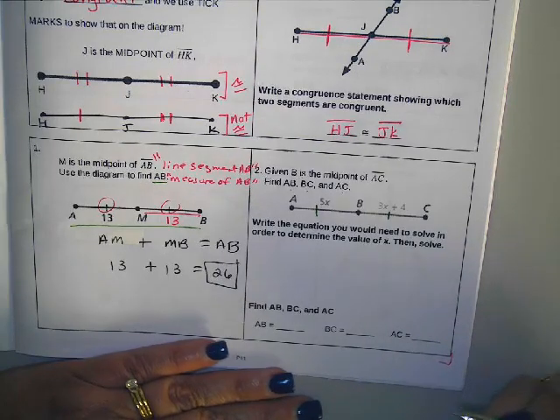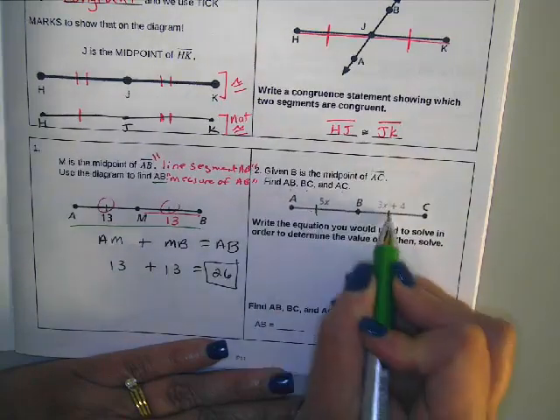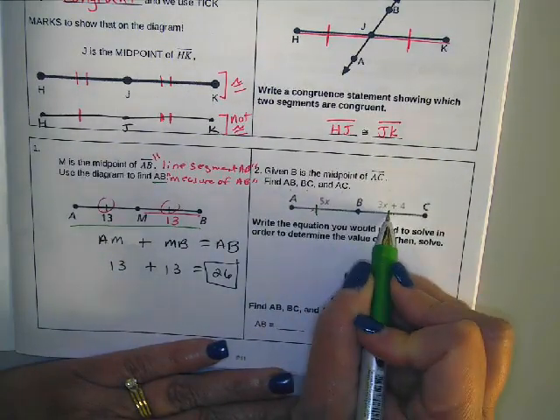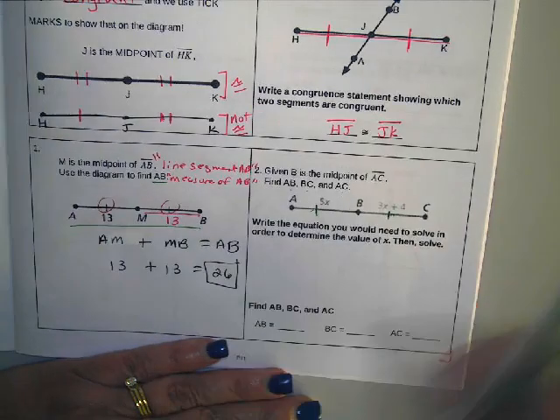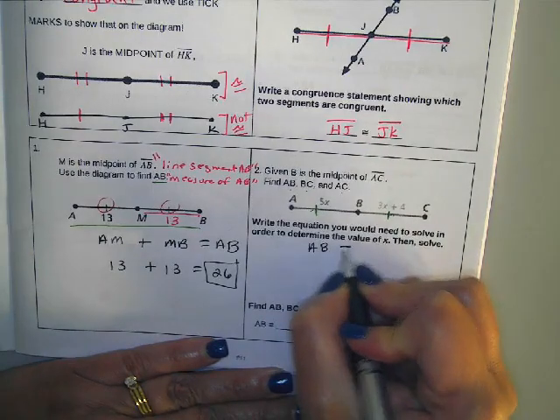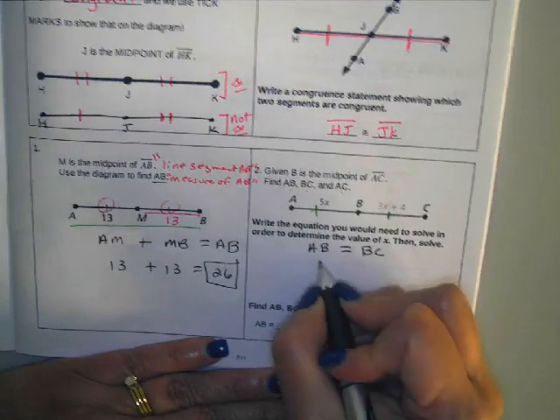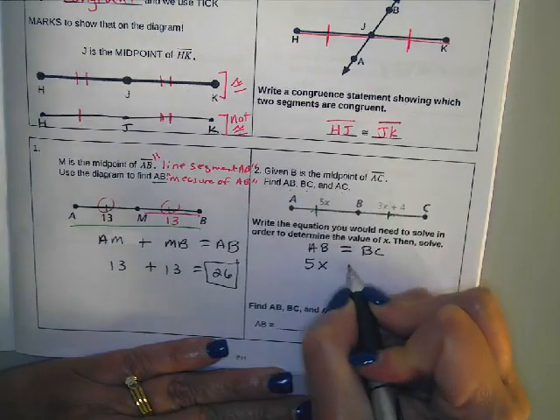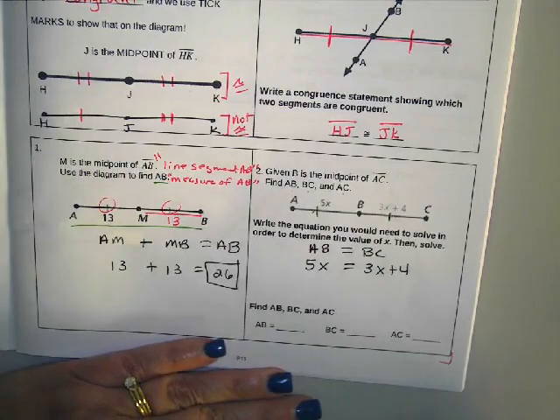So first, we need to solve for x. We have to set up an equation. Because these are tick marks, that means they are congruent, which means they are equal. And so I know that segment AB equals the measure of segment BC. Using the x, I can say 5x equals 3x plus 4.